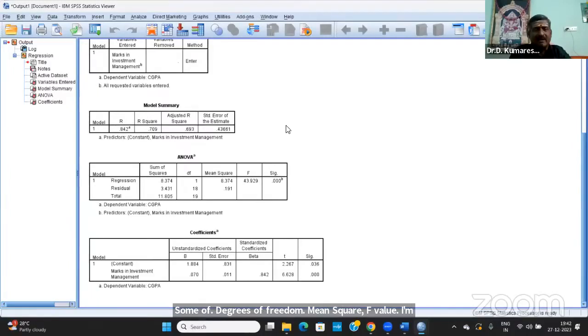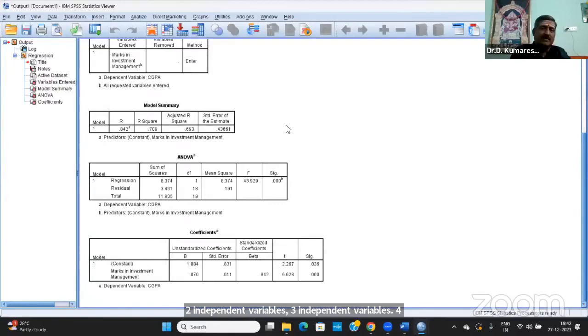Why is this ANOVA computed? I told you, there may be two or more independent variables: two independent variables, three independent variables, four independent variables, like that.